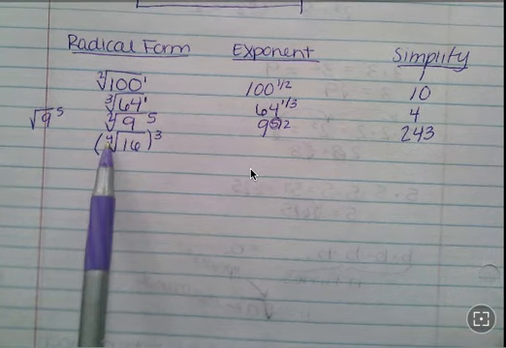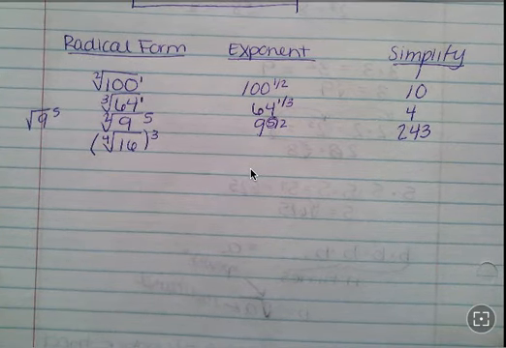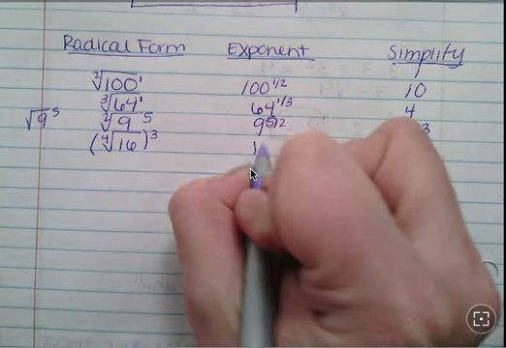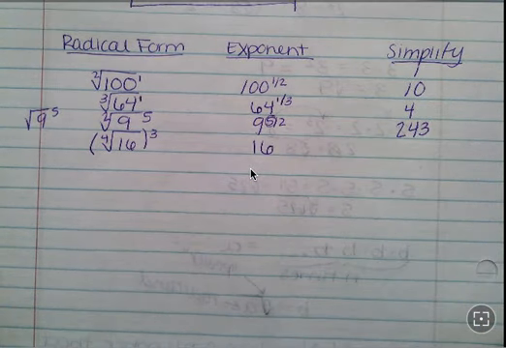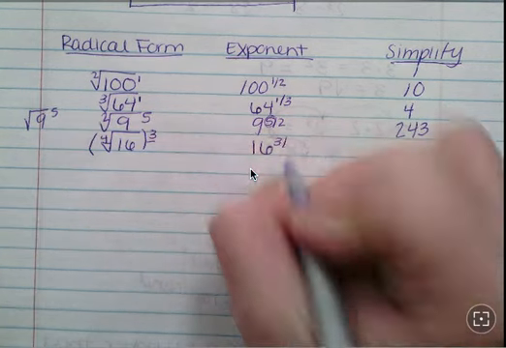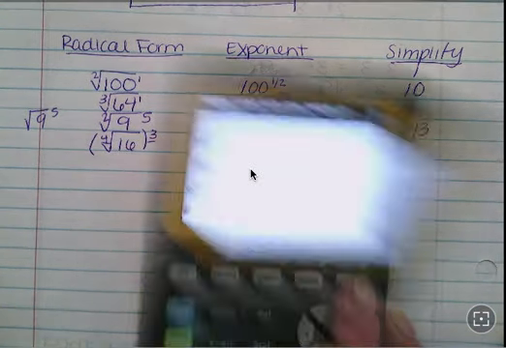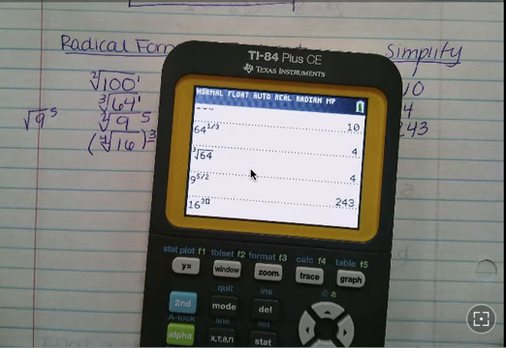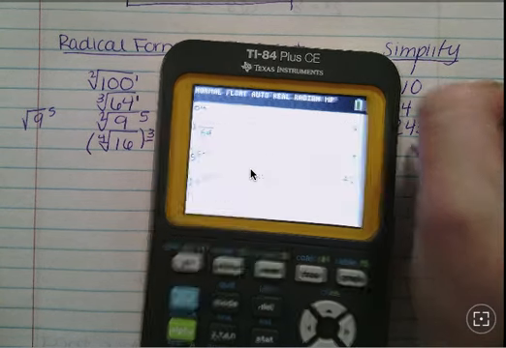Powers and roots have the same weight in order of operations. So it actually doesn't matter if you 4th root first or if you cube first. You're going to get the same answer. Okay? But nonetheless, the radicand is the base. The power is the numerator. The index is the denominator. So this turns out to be 16 to the 3/4, which is 8.